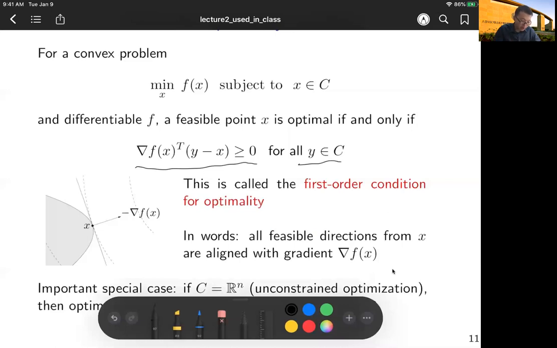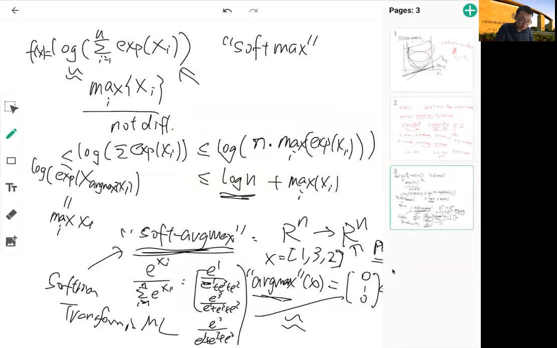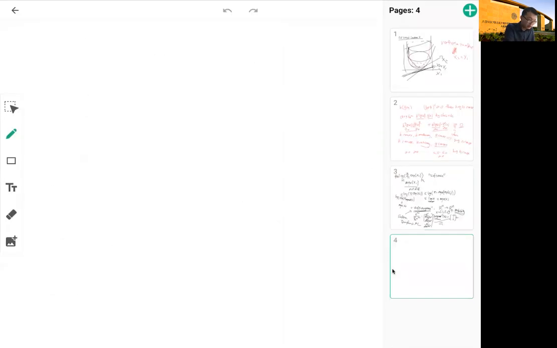So this is what we call the first order condition for optimality. Okay, so let's see that a little bit more clearly by proving that this is the case. Okay, let's work on the first order condition.